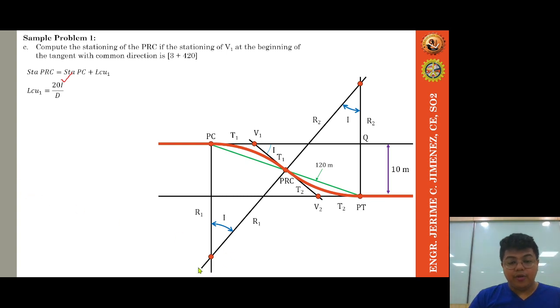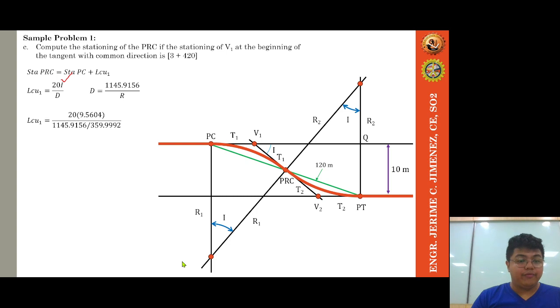By having the formula D is equal to 1145.9156 all over R. Substituting the values of I and R, we have LC sub 1 as 20 multiplied by 9.5604 all over 1145.9156 all over 359.9992. LC sub 1 is computed as 60.0696 meters.